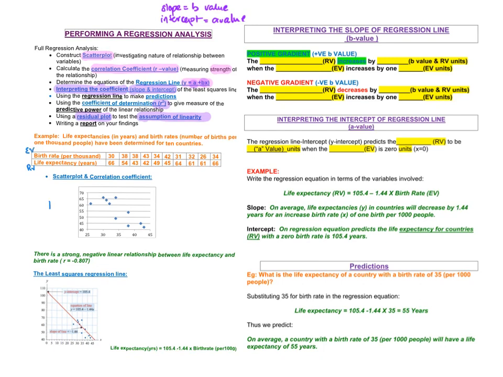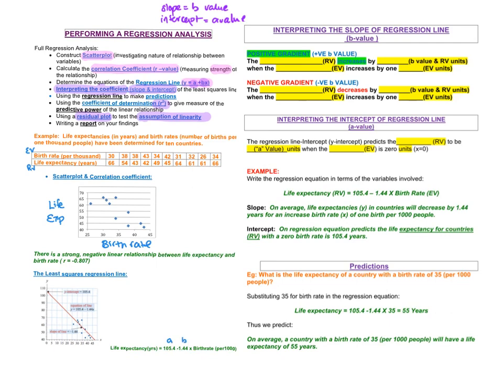So here we'll have life expectancy and here it will be birth rate. We've put the lists in the spreadsheet and created a scatter plot. We have then created the least squares regression line and we've calculated the A and the B value here.